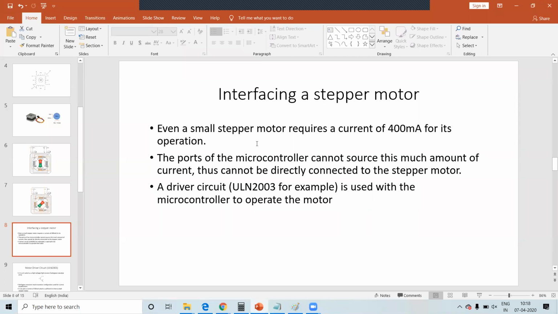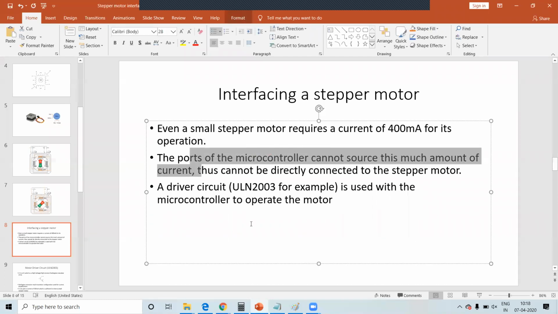But when we connect this stepper motor directly to the 8051 microcontroller, the ports of the 8051 do not provide such an amount of current. So that is why we cannot directly connect the stepper motor to the ports of 8051.